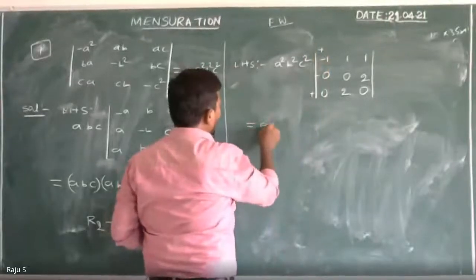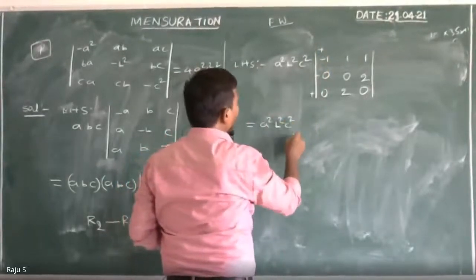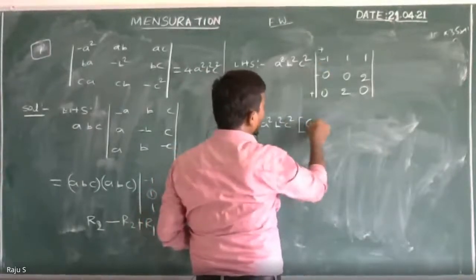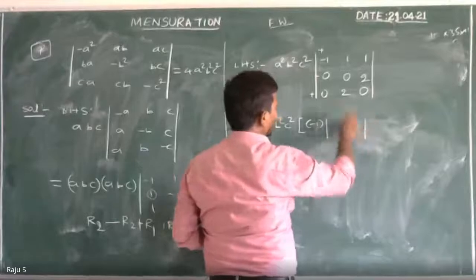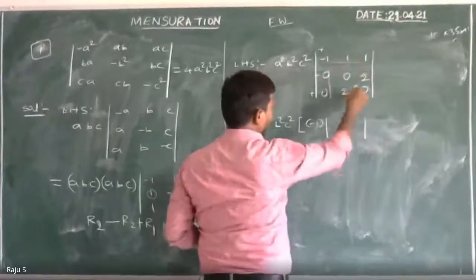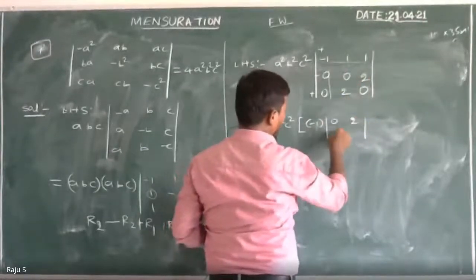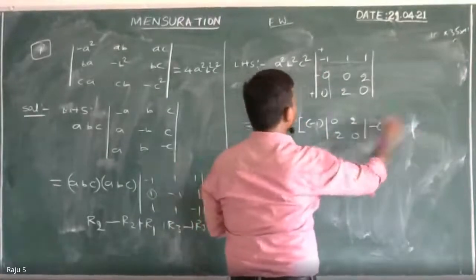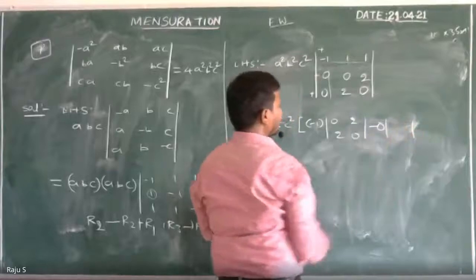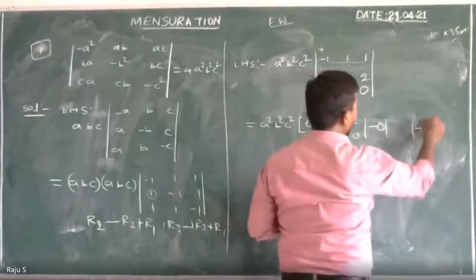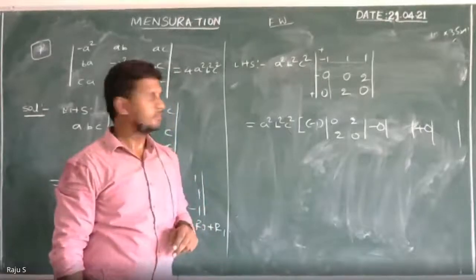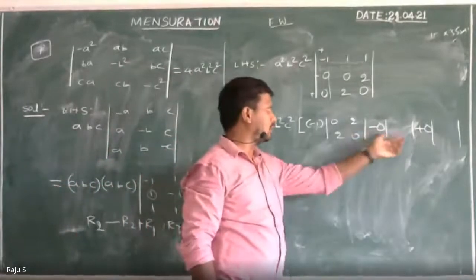So this is equal to a square, b square, c square, into bracket, minus 1 into the minor, which is 0, 2, 2, 0. What about the remaining? Minus 0 into anything will be 0, and at last plus 0 into anything will be 0.